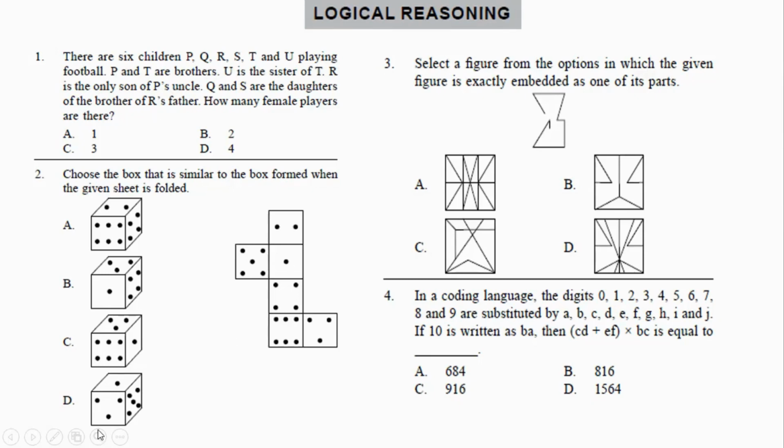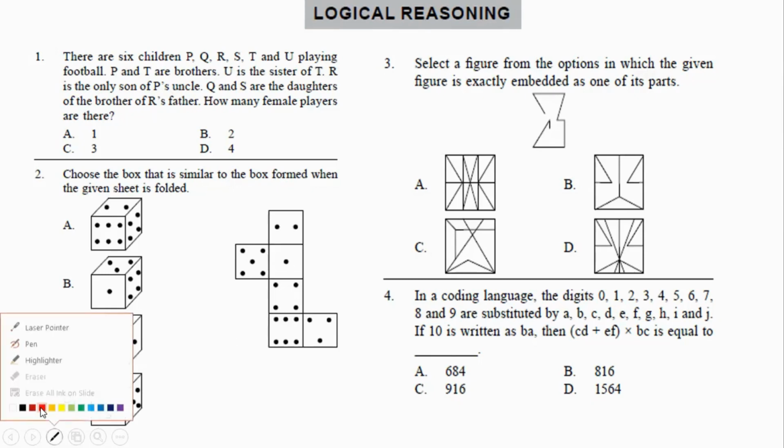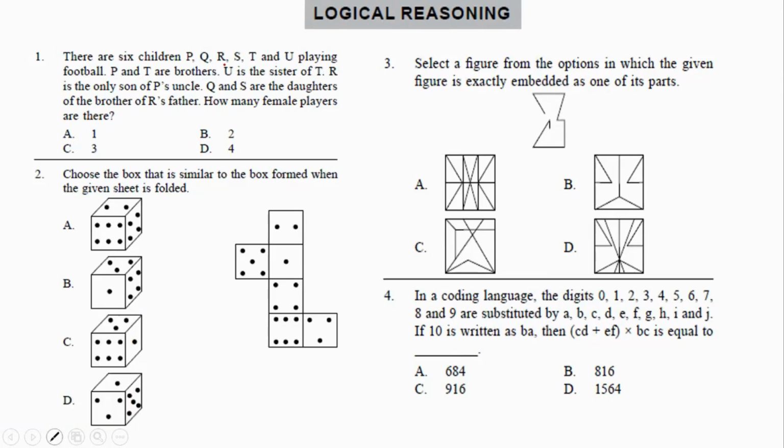Find the female players. Everything is there in the question. U is the sister, so this is one female, and Q and S are the daughters, so these are the females. So here we have 3 females, so our answer will be option number C, right?